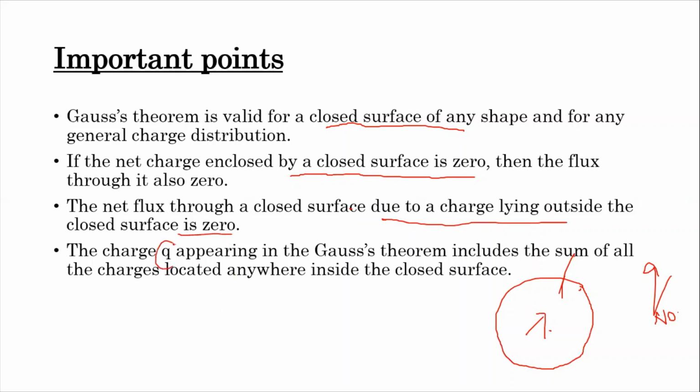And in phi equals Q by epsilon naught, Q doesn't refer to a single charge; it refers to all the charges enclosed within the Gaussian surface. So, four points: a closed surface should be taken; if there is no charge enclosed, flux is equal to 0; any charge lying outside cannot contribute to the flux; and the charge Q is the sum of all the charges present inside the closed surface.